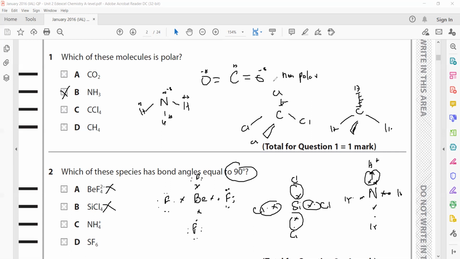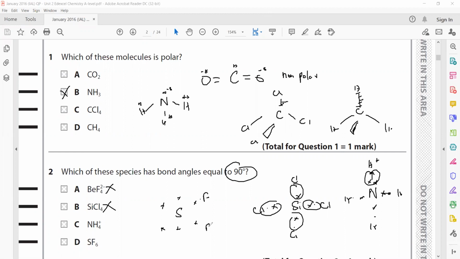When we draw SF6, sulfur hexafluoride, sulfur belongs to group 6 and it is sharing 6 electrons here. Because of the empty d orbitals, it can share more than 8 electrons.